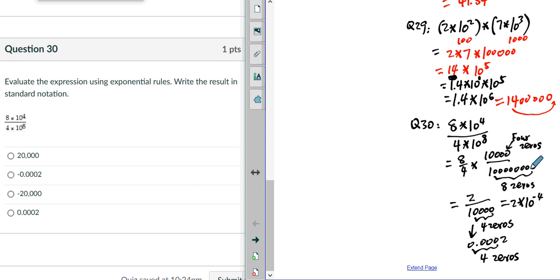That's 8 zeros after 1. You do the cancellation for here there are 4 zeros, and here there are 8 zeros. So 4 zeros will be canceled out. You get another 4 zeros left here. We know 8 divided by 4 is 2.